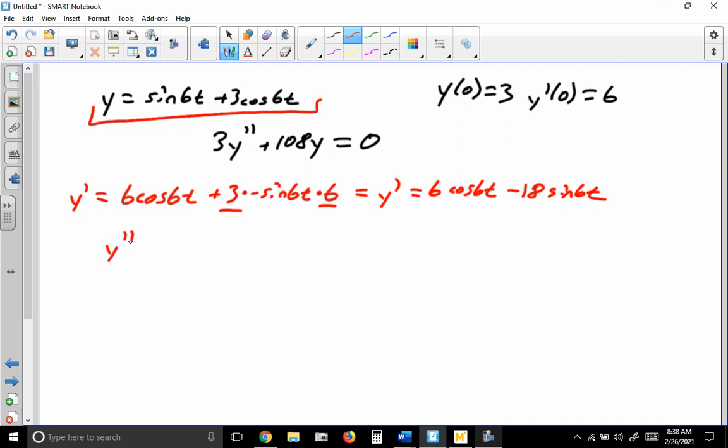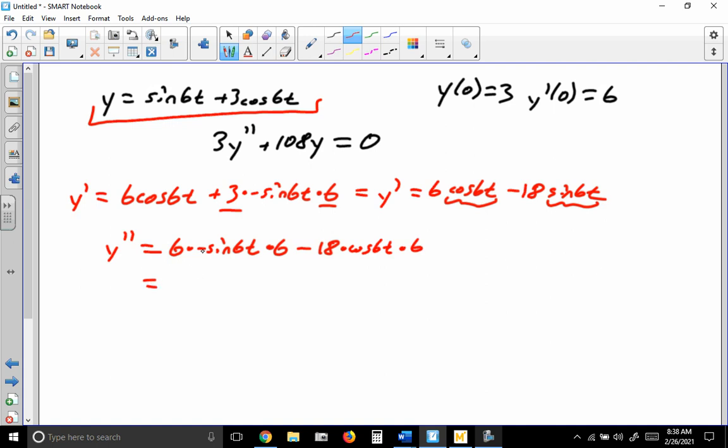And our second derivative will be, if we take the derivative of the first term, we have a 6. The derivative of cosine is minus sine times the derivative of the inside, so the derivative of 6t. And then for the next term, we have negative 18 times the derivative of sine times the derivative of 6t.